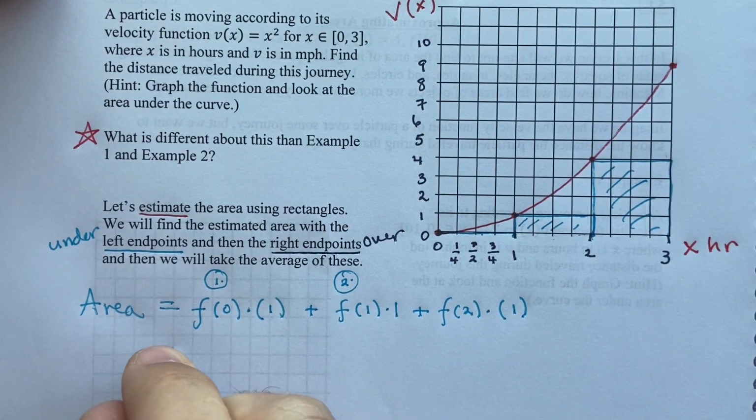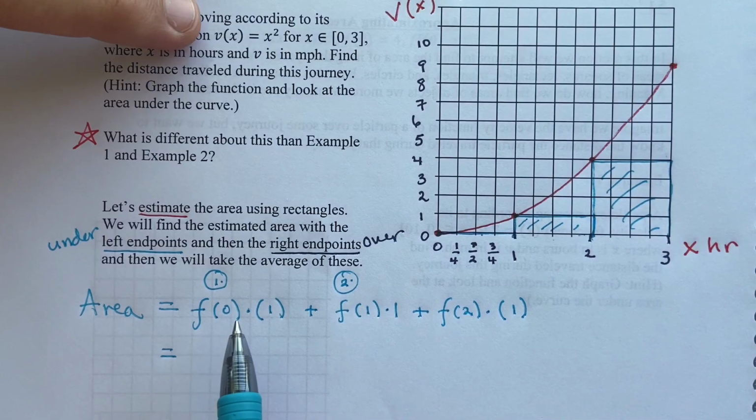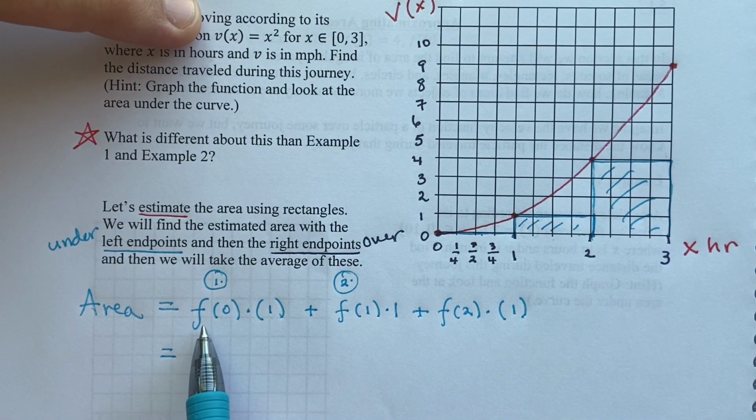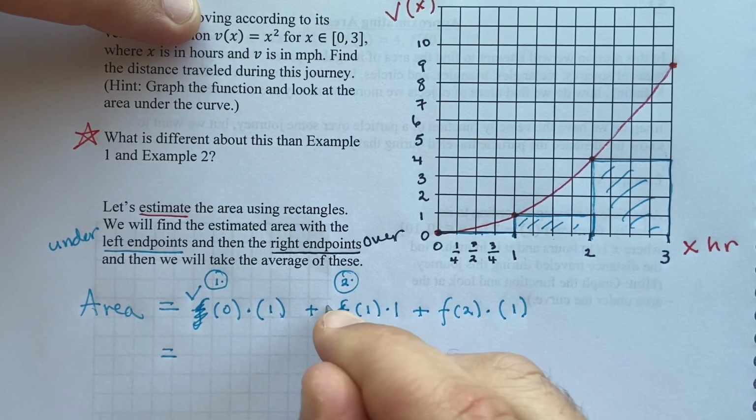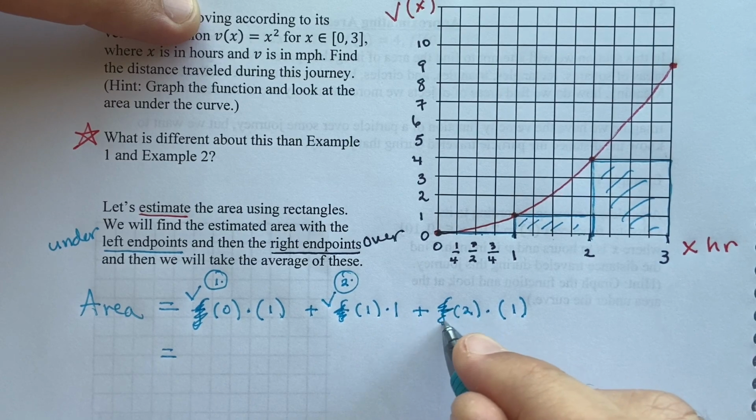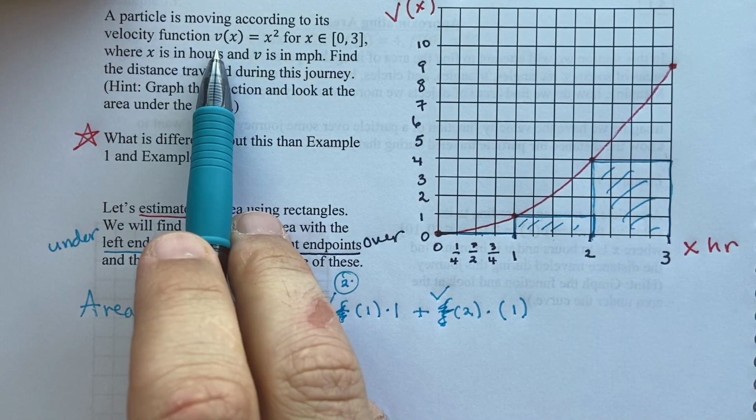So simplifying this, f of 0, and by f, I really should have been writing v. I apologize for that. So it should have been v's, because our function really is v, not f.